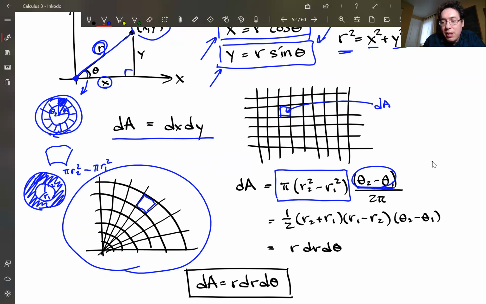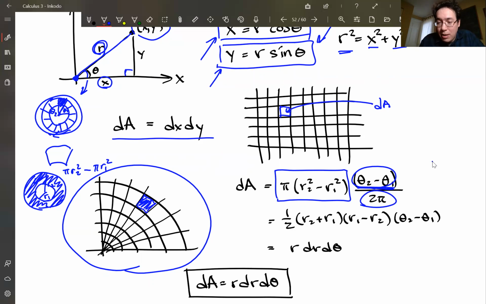Theta 2 minus theta 1 is the difference in the angle out of the full 2 pi radians of the full circle. That's the little area that we're looking at, the shaded region.